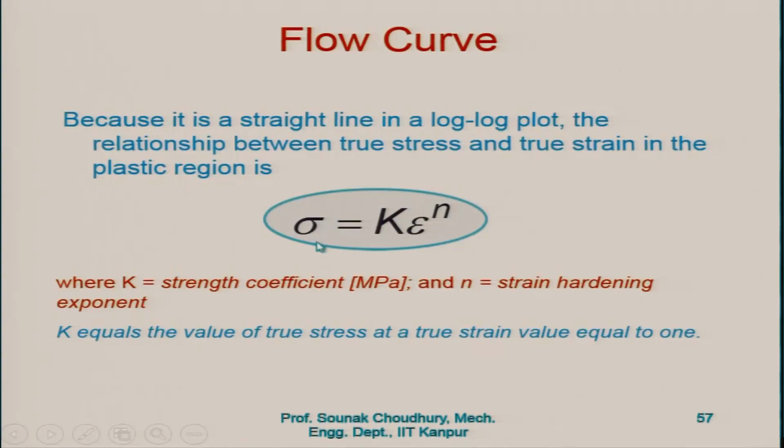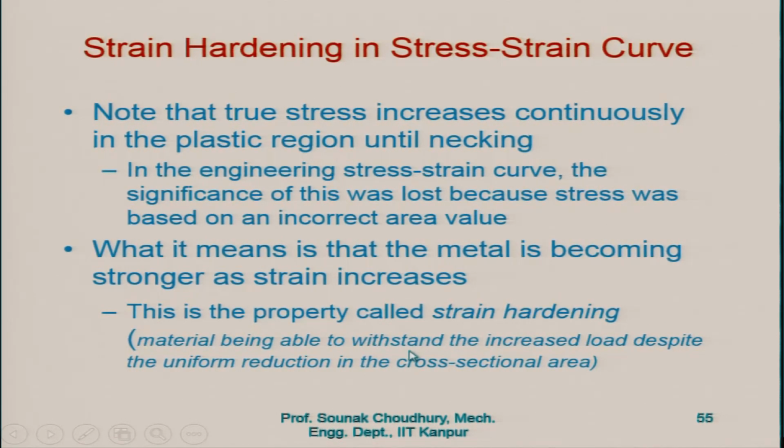Now, in the flow curve, if you see here, once again I am repeating that this is the relationship between the true stress and the true strain through the strain hardening, and we said that strain hardening is the ability of the material to withstand the increased load despite the uniform reduction in the cross sectional area.